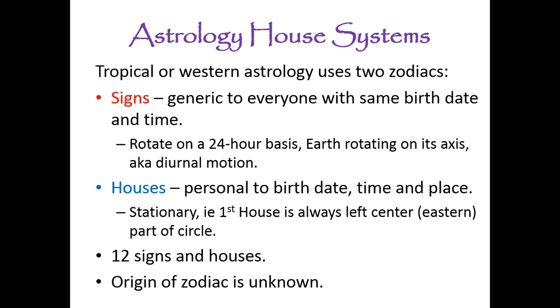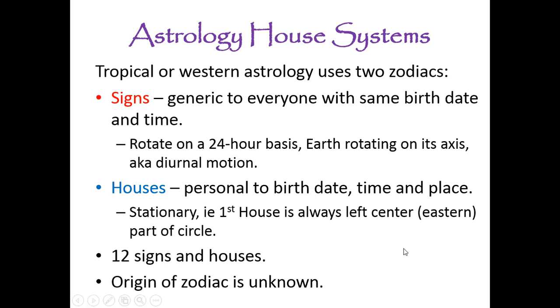Now to go back, again, the signs are generic to everybody. We are all experiencing Pluto direct at about 11, 12, 13 degrees Capricorn. But it gets personalized via the birth chart when we freeze that rotation of those signs onto the 12 houses. So that's why the signs are generic, again, broadly for all of us, and this is why the houses are personal.